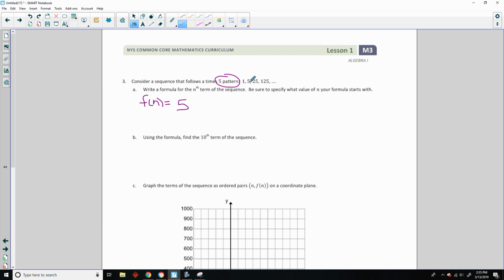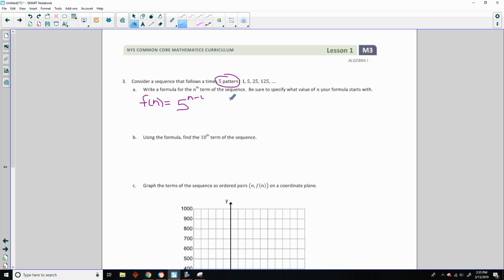And I know this is exponential because 5 to the first power is 5, 5 squared is 25, 5 cubed is 125, and 5 to the 0 is 1. So I'm going to call this 5 to the n minus 1.